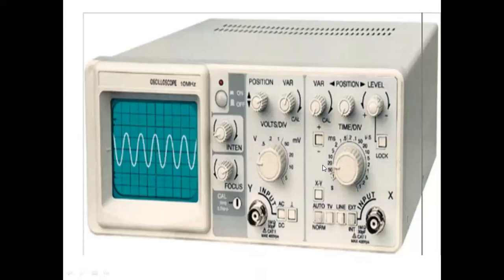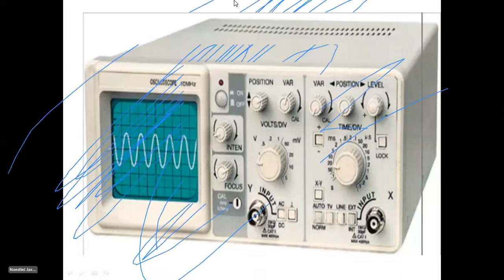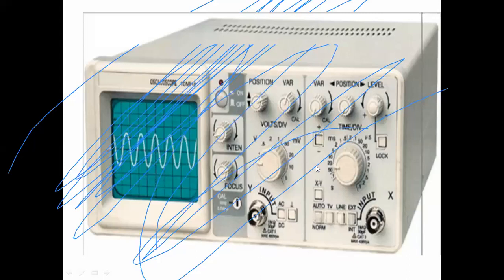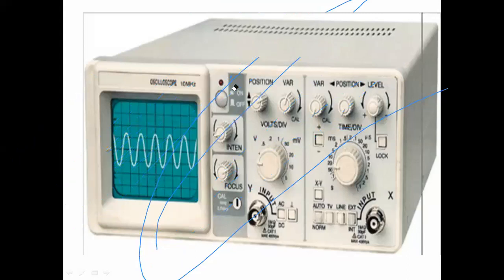So here we are discussing the different front panel controls of the CRO.